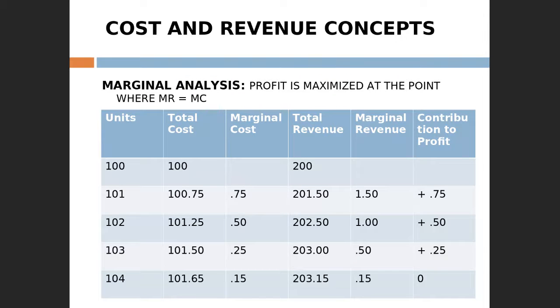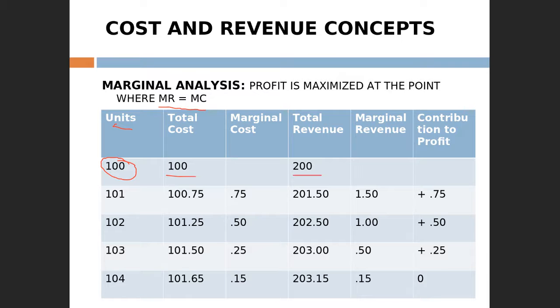So here is the example that I just used. Please look at this carefully. It's very easy to understand. You have this chart. So marginal analysis: profit is maximized at the point where MR is equal to MC. So look at this. I'm producing 100 units of, let's say, this product. Total cost is $100 and I'm selling them at $2 a piece.